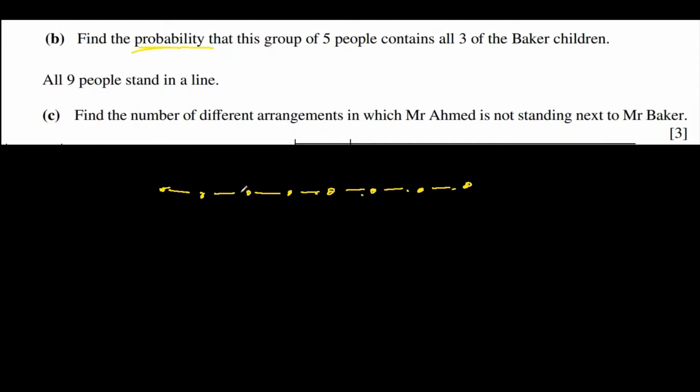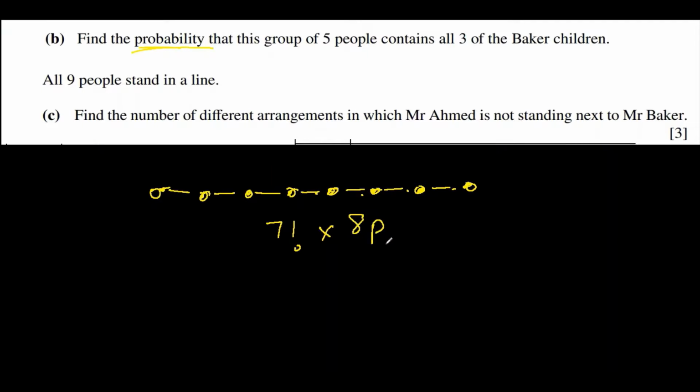Isn't it? So first we will talk about the 7 people who are standing. They can also change their places. So 7 factorial is the way those 7 people can stand. And then we have to give 2 places to Mr. Ahmed and Mr. Baker. So places are how many? 8. If you count the number of circles, 1, 2, 3, 4, 5, 6, 7, 8.